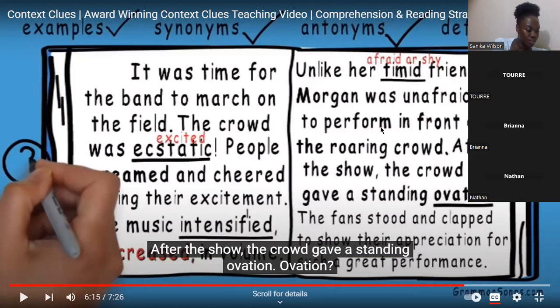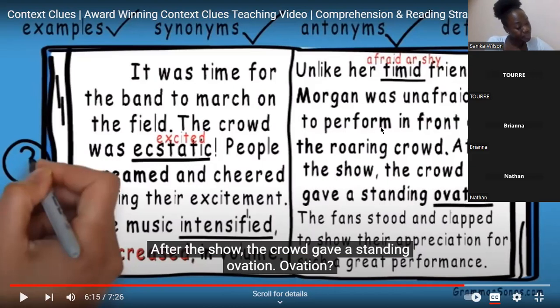All right, so ovation is an enthusiastic show of appreciation. So we normally clap, or we say applause, or scream. So in this instance, the fans stood and clapped. Ovation means to stand and to clap. So therefore they're giving you the definition of the word.